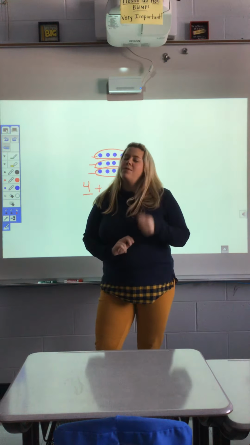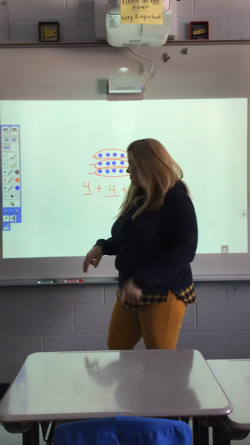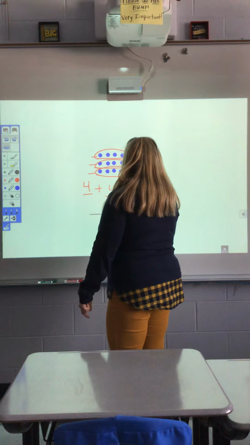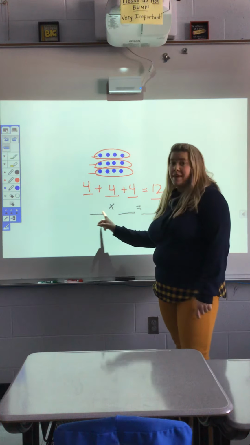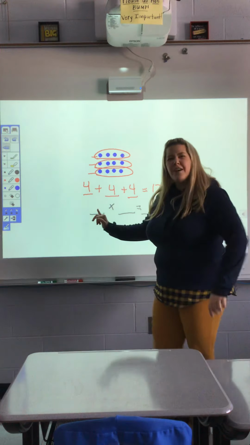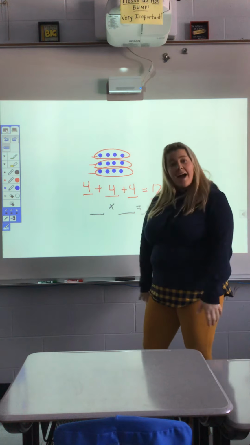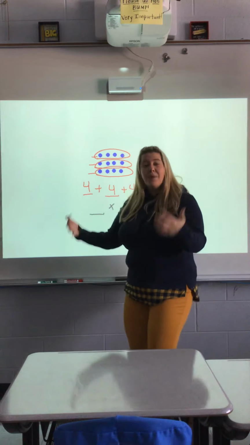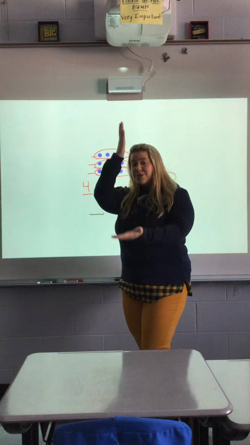Okay, what if I want to write a multiplication fact? Now what? I know my multiplication fact is going to be set up like this, okay? How do I figure out my first number? Right, I count my rows again. See why it's so important to know rows go side to side, columns go up and down.